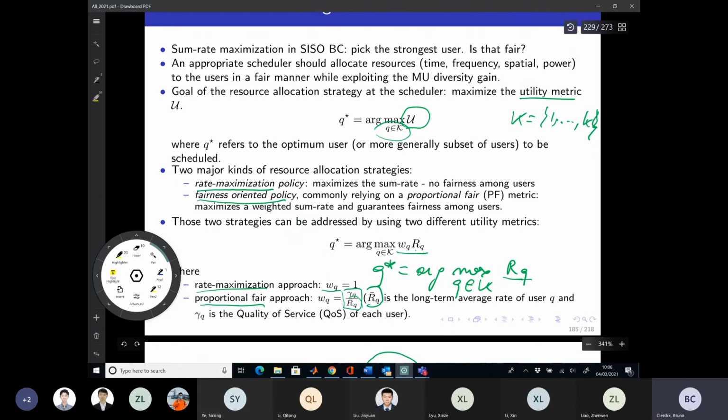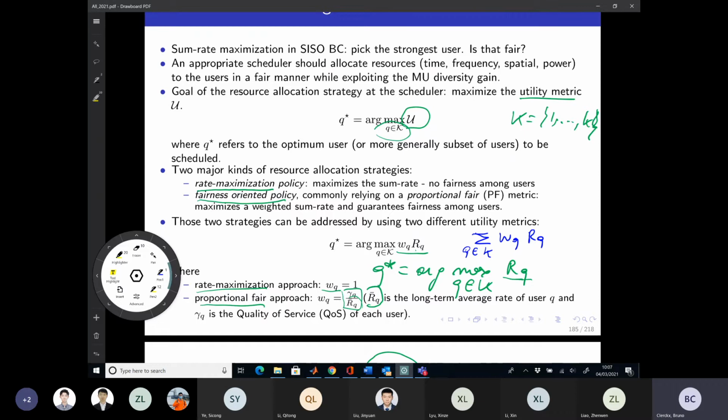Now I'm saying that I may transmit to multiple users at a time, but instead of maximizing this, I may want to maximize a sum over W_q R_q, and I want to find maybe a subset with q belonging to K, right? I may want to find a subset of the users to maximize that, right?